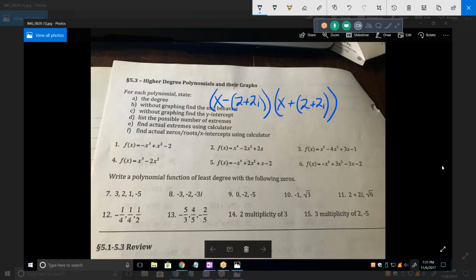Isn't it 2 minus 2i on one of those? No, well, not yet it isn't. In other words, what it is is x minus that, and x minus the conjugate. Okay, that's what you meant, and you're correct. Absolutely.